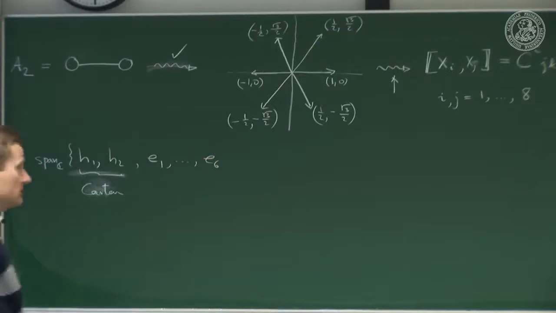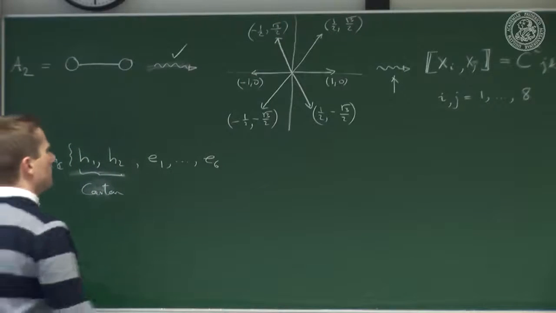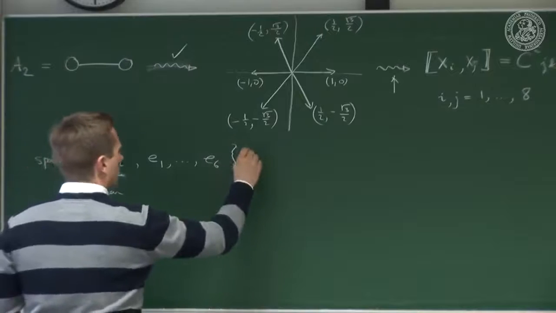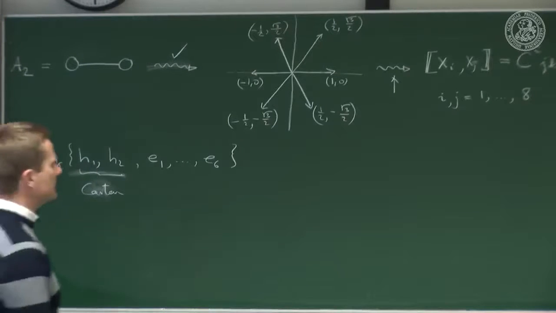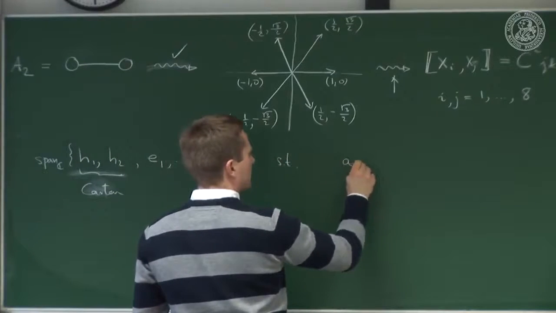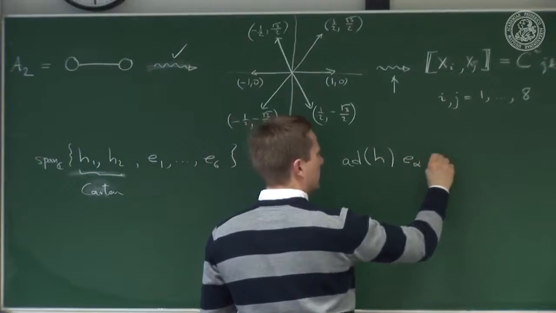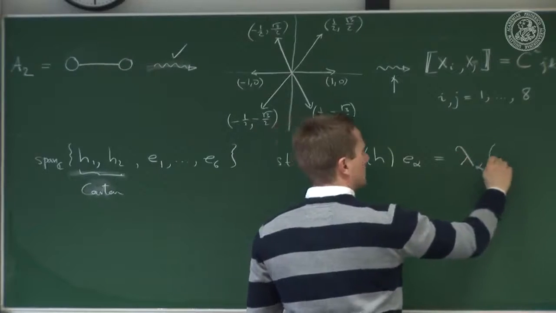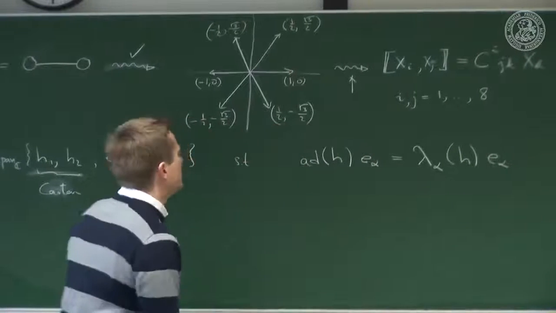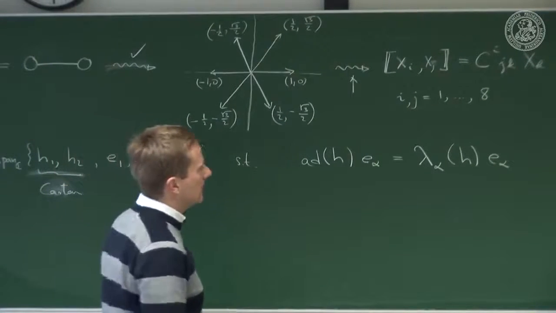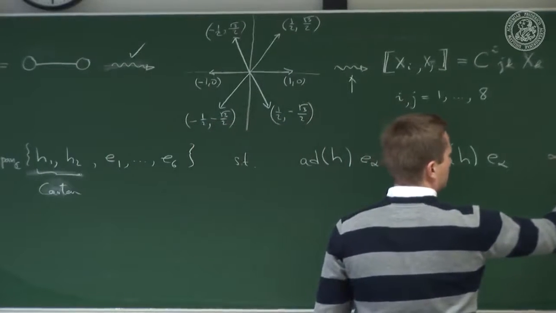We have 6 vectors. Those are the eigenvectors corresponding to these root eigenvalues. And we know that we can choose such h1, h2, and e1 to e6 such that we have the ad of some h acting on e alpha is lambda alpha of this h, evaluated at this h, times e alpha, where the lambda alpha are these roots in the root space, but thought of as these functionals, and alpha runs from 1 to 6.